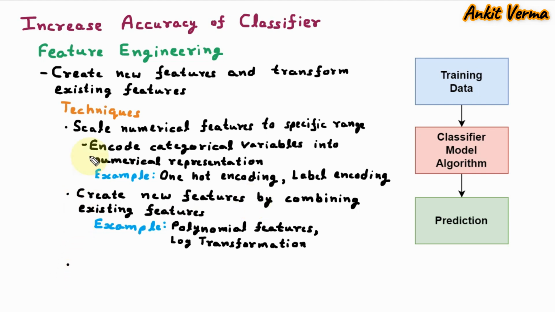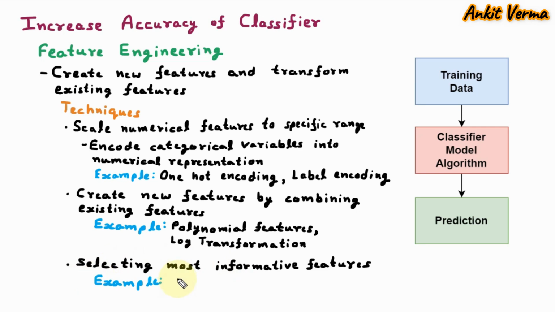Next technique of feature engineering is selecting most informative features. Here the features which are very informative, means they give the useful result, they are only selected. The examples are correlation analysis and recursive feature elimination.